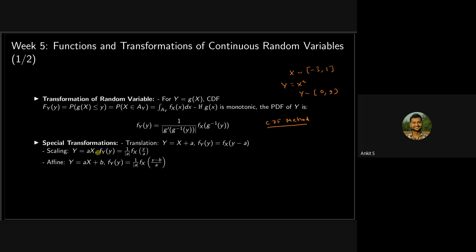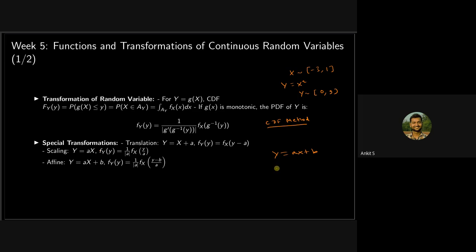Then this was very simple, just when you have simple functions. Sorry to interrupt you, sir. I just want to know this formula, what you have written here. The g inverse of y, sir. I'm not able to get this. What is this, sir? Okay, so g inverse of y. Take for example the function y equals ax plus b. This is a simple affine transformation.